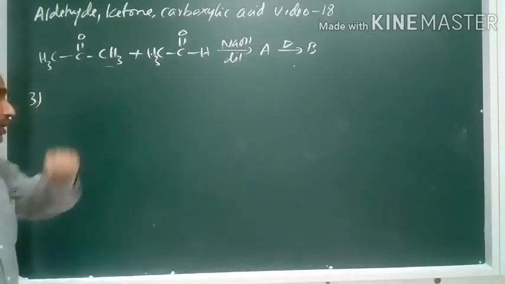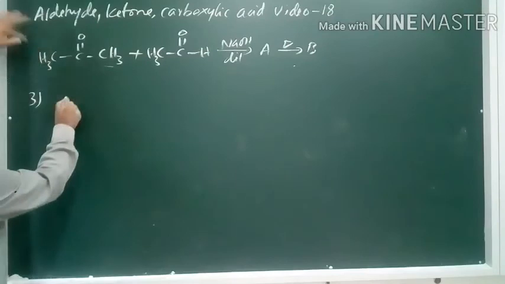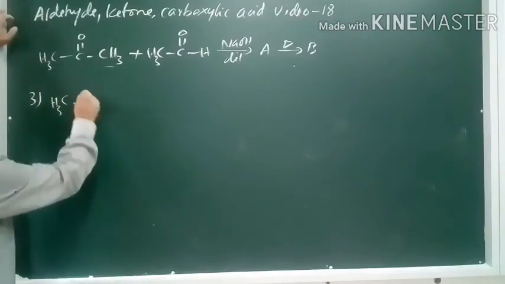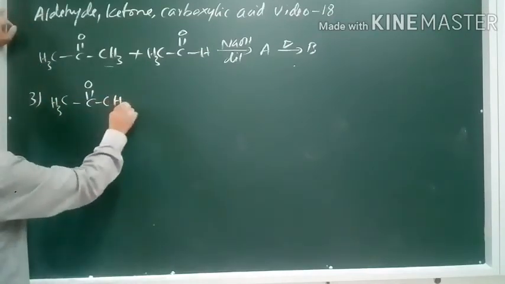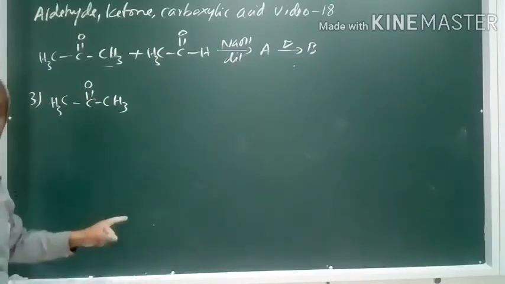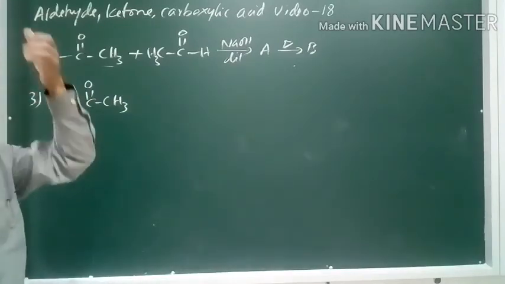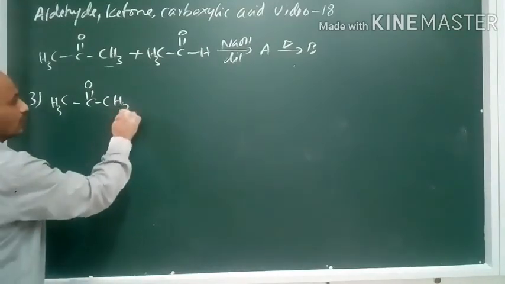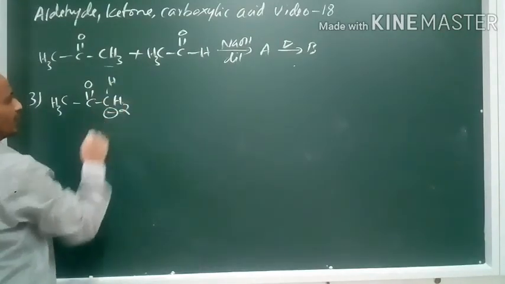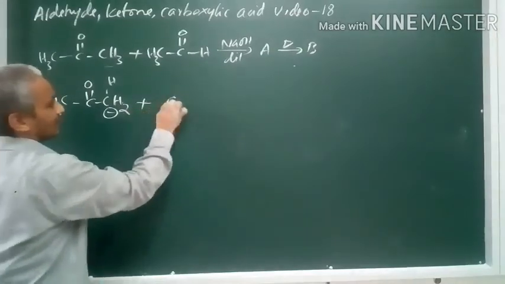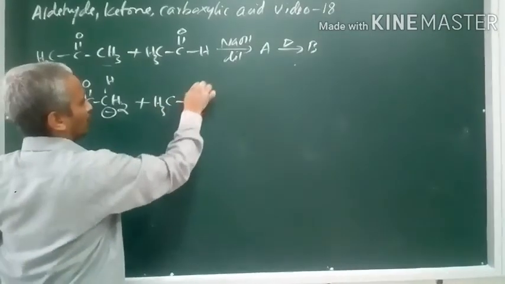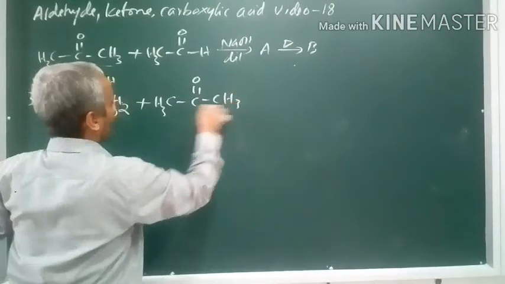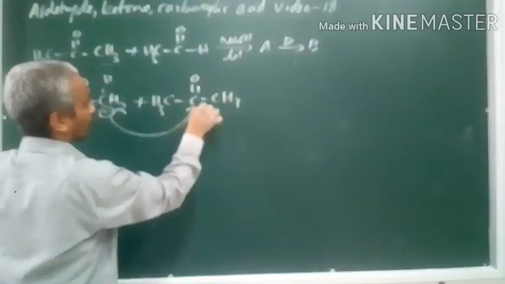See, the third product is CH3COCH3. This can go for simple aldol condensation only, of CH2H. So this is negative, this attacks the carbonyl carbon of another acetone molecule.